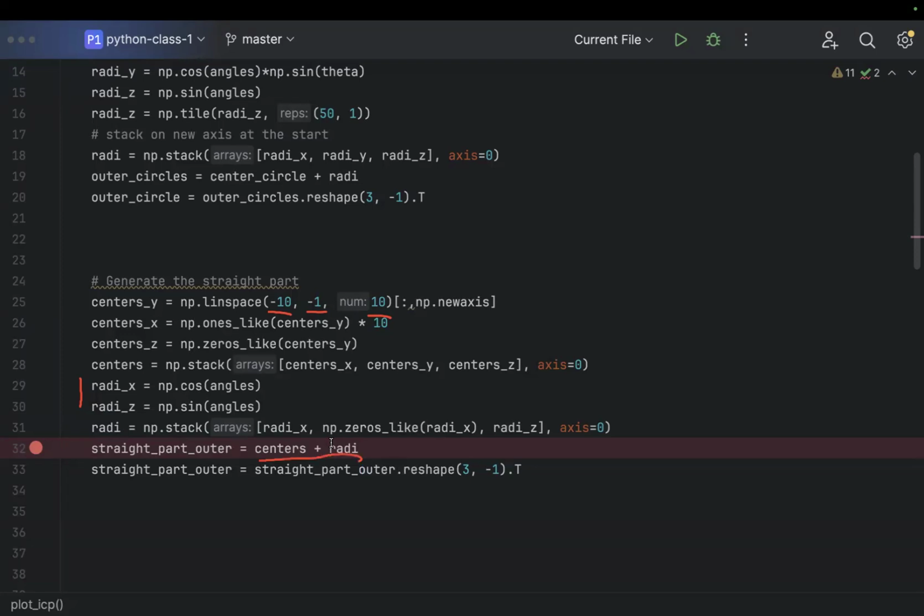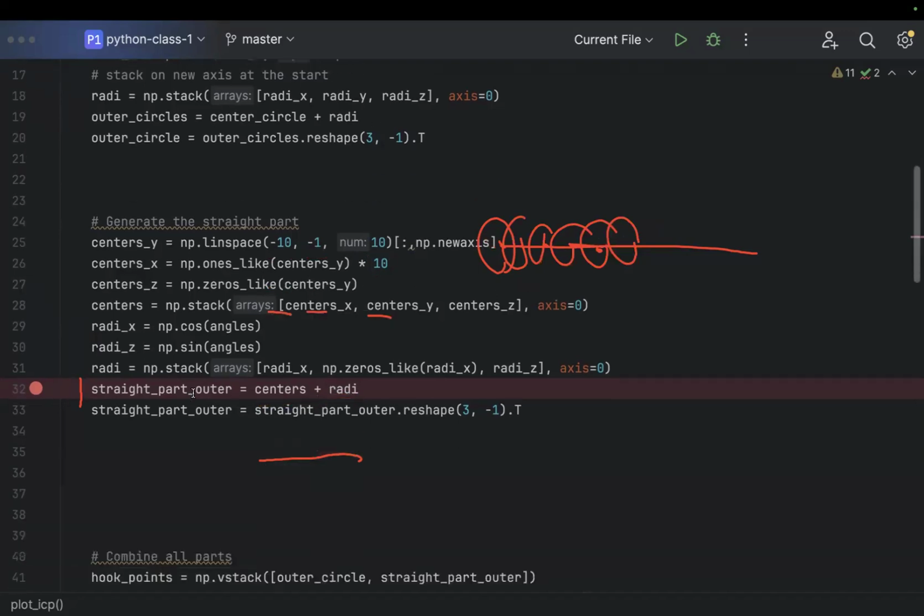I add the center point that is along this line to the circle, and since I broadcast them, it gets added to each point. Then from 10 plus 10, I get 100 points with broadcasting again.